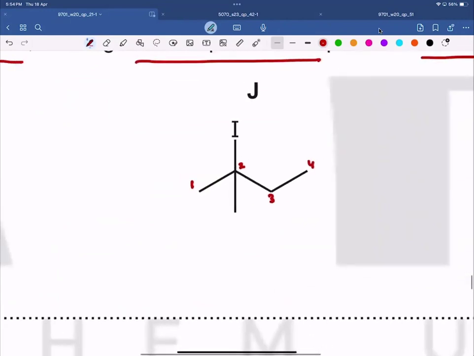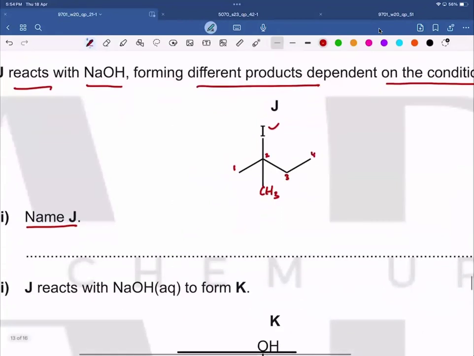So on the second carbon, we have an iodine, and on the second carbon, we have a CH3 as well. So 2-iodo, 2-methylbutane. I was right about the butane.